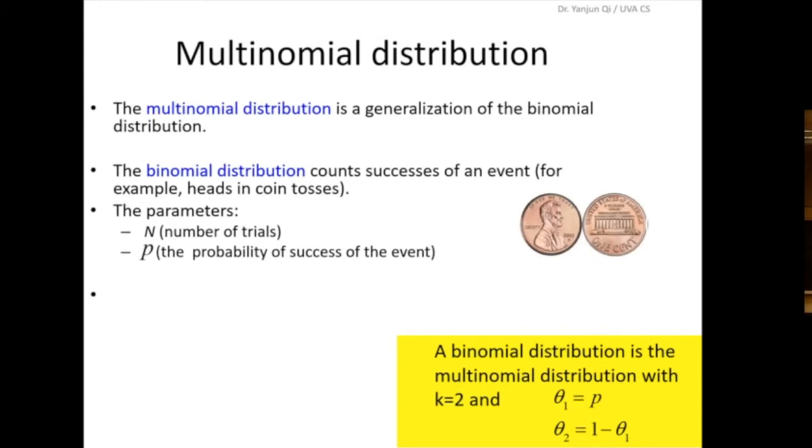The binomial distribution is a count of the successes over n events. If you flip a coin n times, the distribution of how many times the head appeared is a binomial distribution.